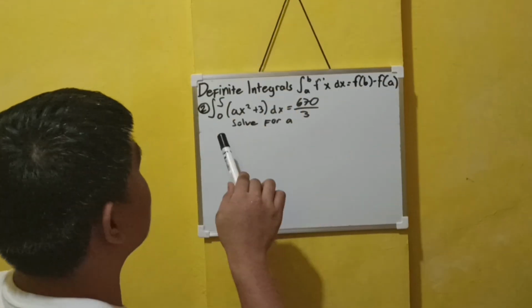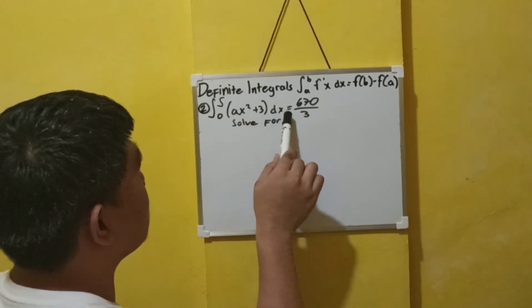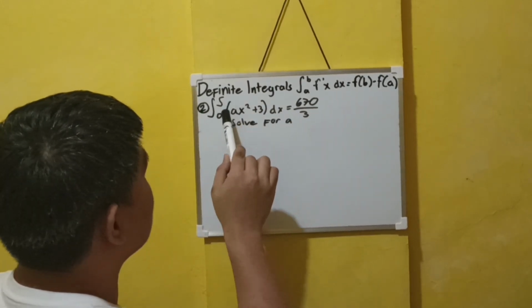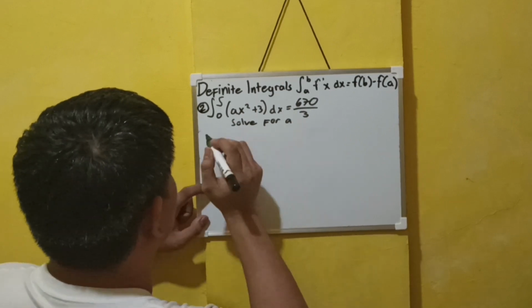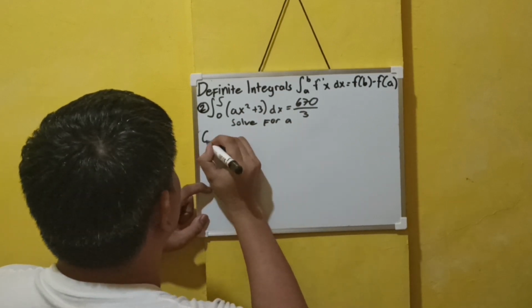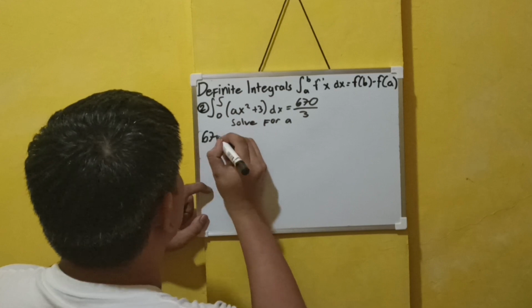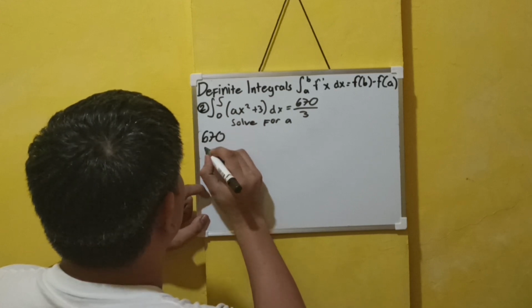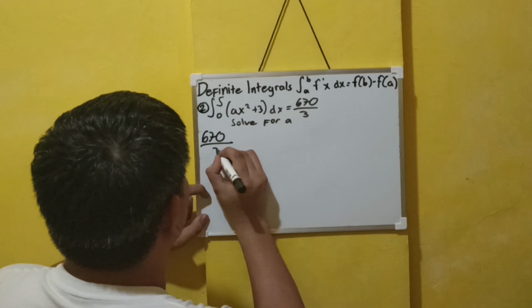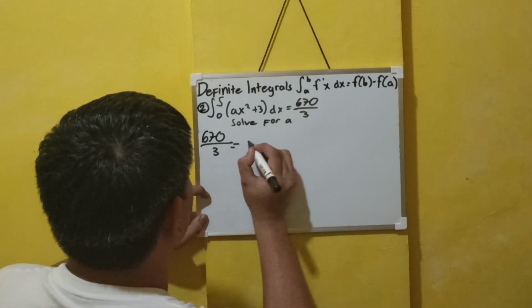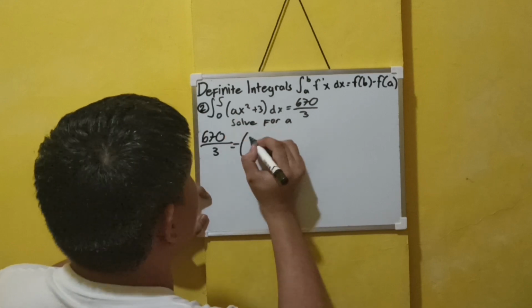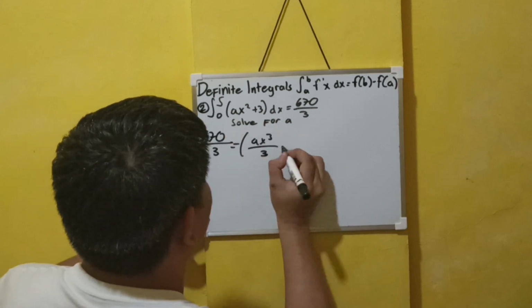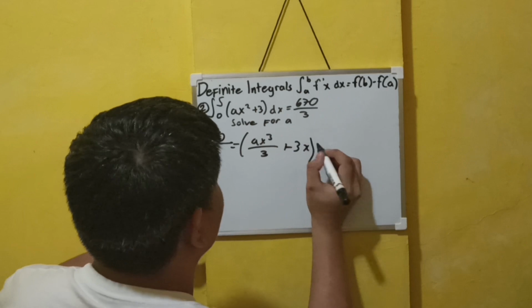For our next example, we have the integral of ax squared plus 3 dx from 0 to 5 is equal to 670 over 3. We are asked to solve for the value of a. To get this, let's first integrate the given function wherein a is a constant. So using the rules before, we'll have 670 over 3 is equal to ax cubed over 3 plus 3x from 0 to 5.